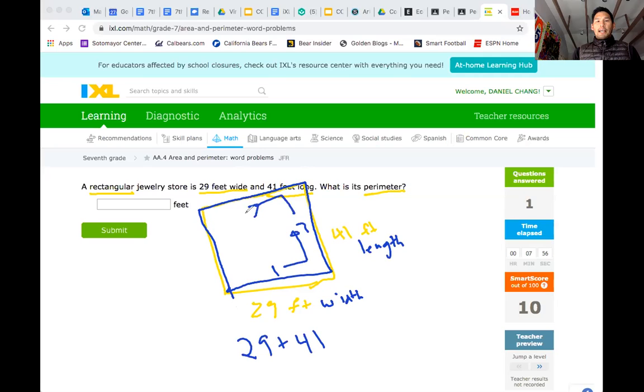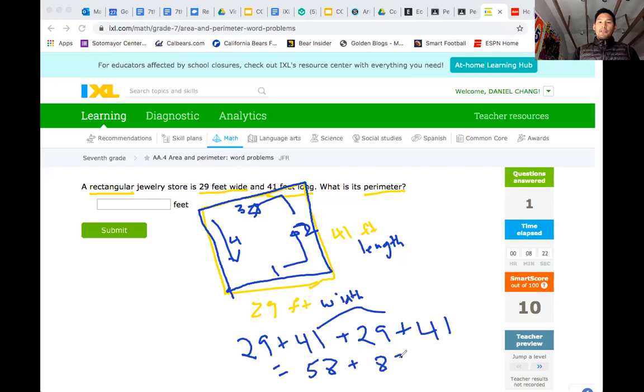Now you're going to add side 3, and then you're going to come back down and add side 4. So plus 29 plus 41. You can use a calculator to do that, but I'm going to do it in my head. So 29 plus 41 is 70, and 70 plus 70 is 140 feet.